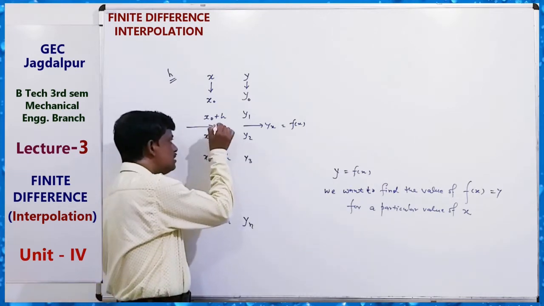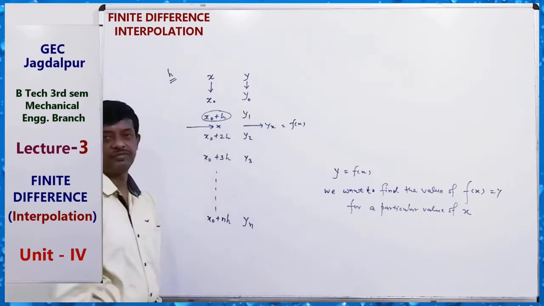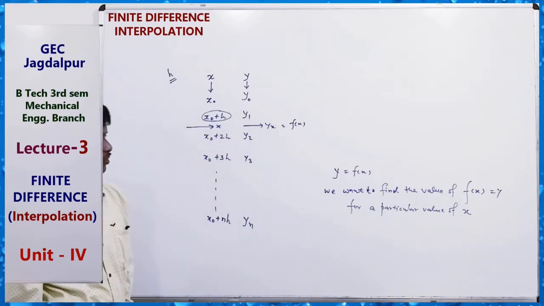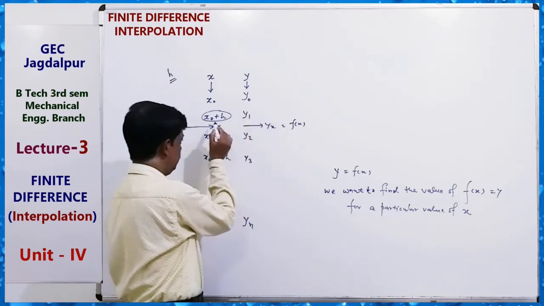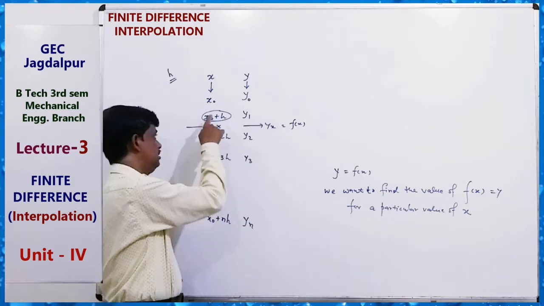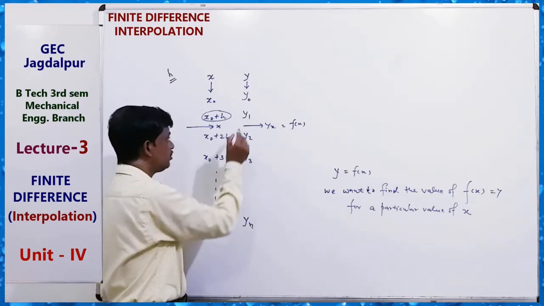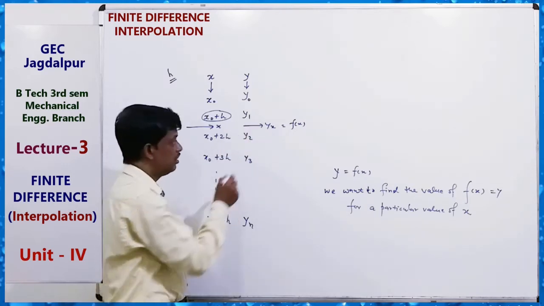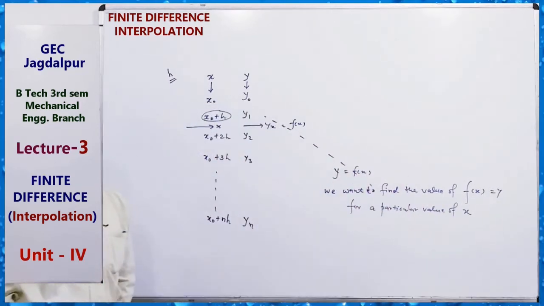If x lies here, then we can take the origin as the value just near it. After making the difference table, if we take the origin here, then this will be y0 and the leading differences will be like this.